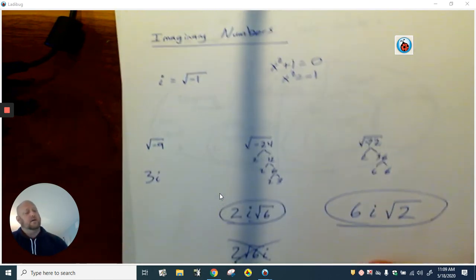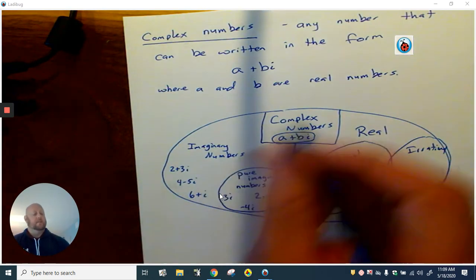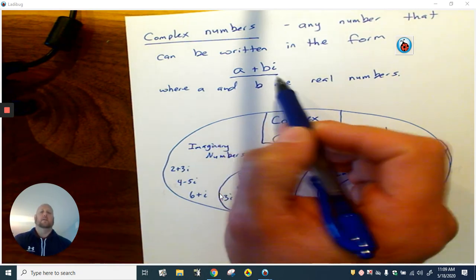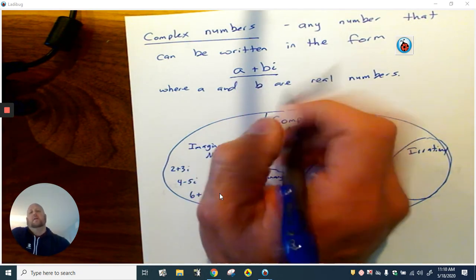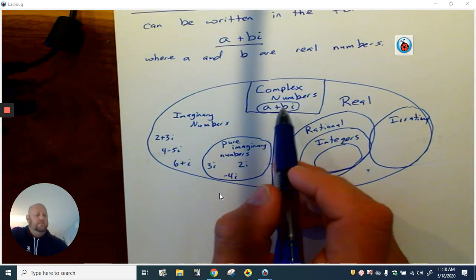What a complex number actually is, is any number that can be written in this form, a plus bi. Okay, this is what is known as a complex number, where a and b are real numbers.